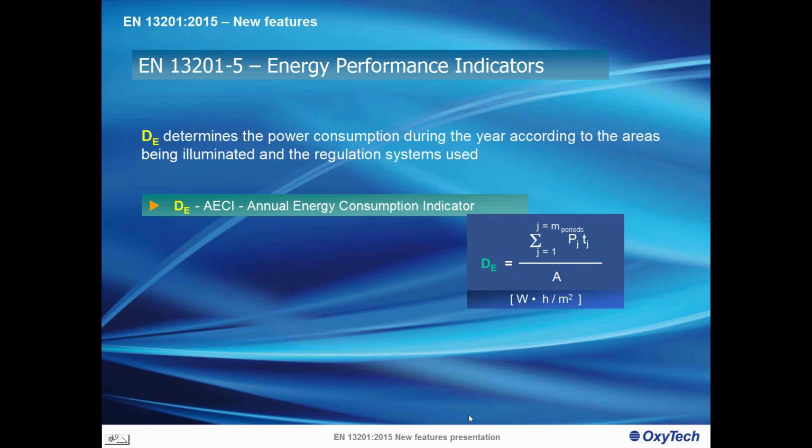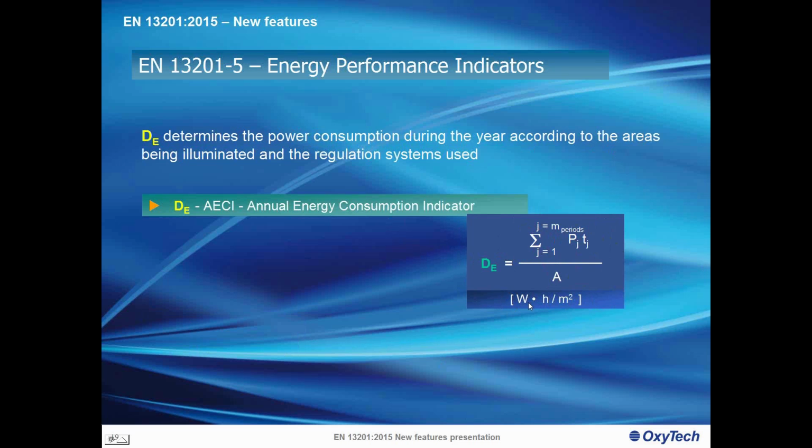Let's come now to the second parameter. So we have the annual energy consumption indicator, DE, which is the ratio of the sum of the different power by time, which means the energy of any different profile, divided by the area of interest.